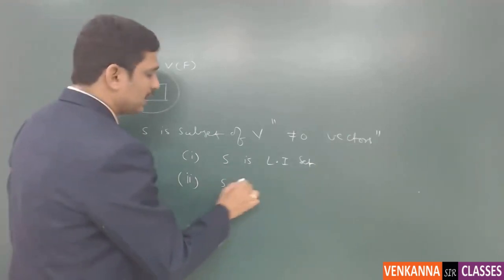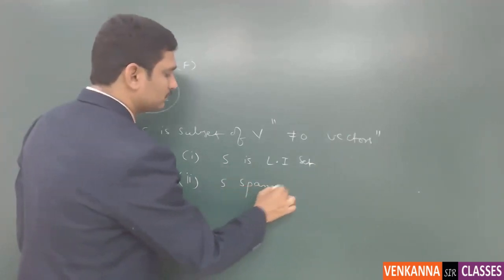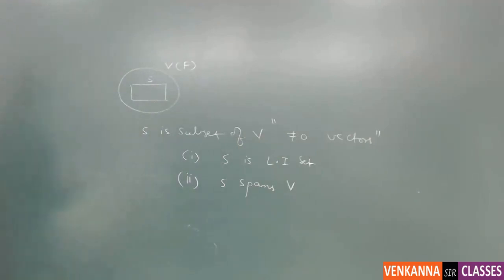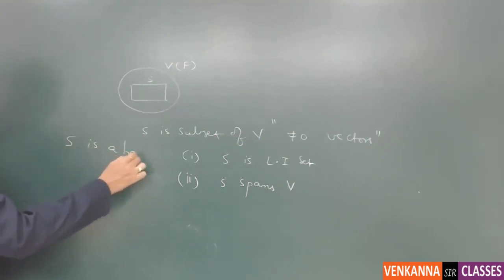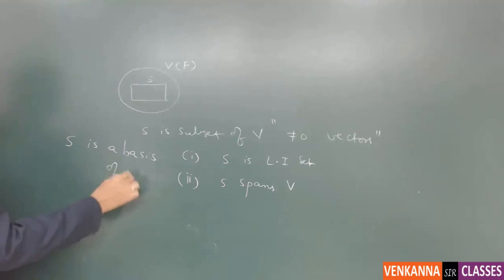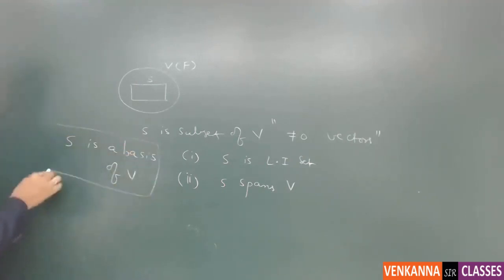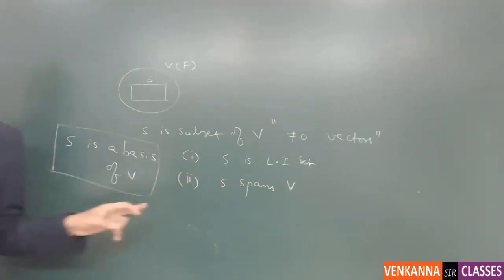The second one is S spans V. Whenever S satisfies these two conditions, we say that S is a basis of V. Here we need to understand that a vector space may have many bases. If you want to say that a non-empty set is a basis, it must satisfy the two conditions.